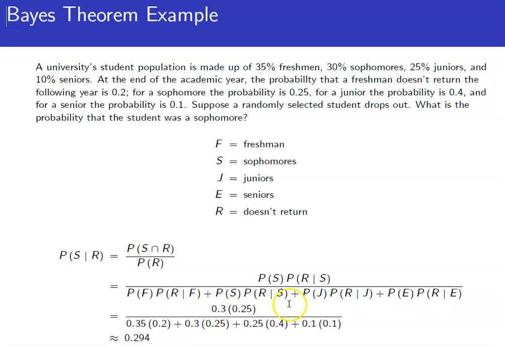That's why we have plus signs in the middle. And again, these are just using the conditional probability ideas in terms of rewriting the intersections. All right, and so now we have all of these values. So the next line is just plugging in all those values. And if you simplify, you'll get a probability of 0.294.